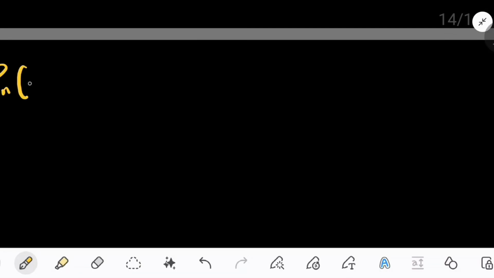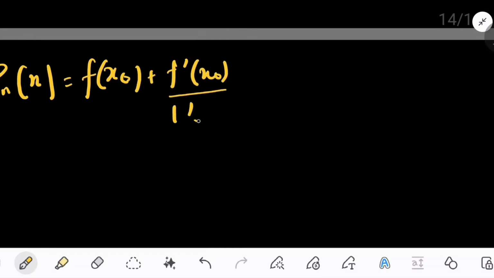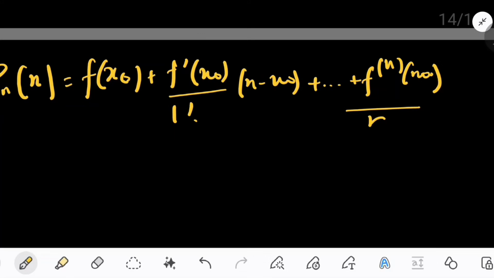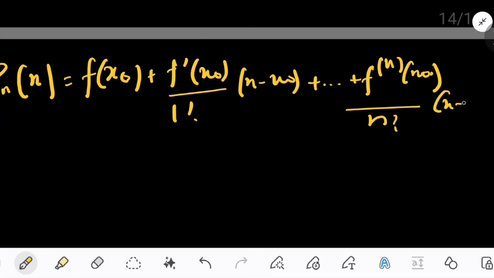This is the case, okay. So you get Pn of x is equal to f at x naught plus f dash of x naught by 1 factorial into x minus x naught, till the nth derivative of f at x naught by n factorial into x minus x naught to the power n, right?